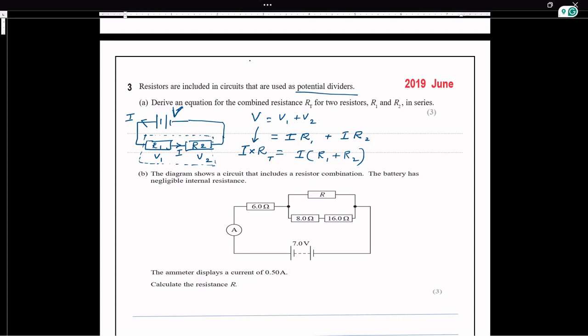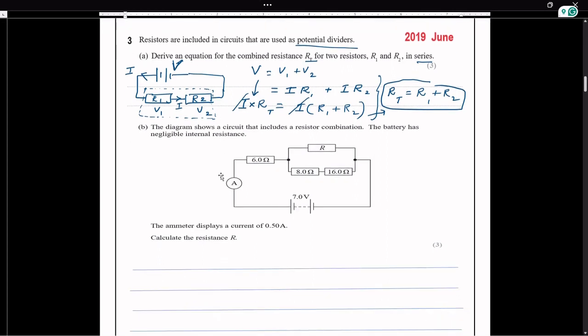Now from left and right we can cancel this I. Therefore, the rest of the equation appears as RT is the sum of R1 and R2. So this is the equation for the total resistance. RT equals R1 plus R2. This is the equation for RT, the total resistance for two resistors connected in series.